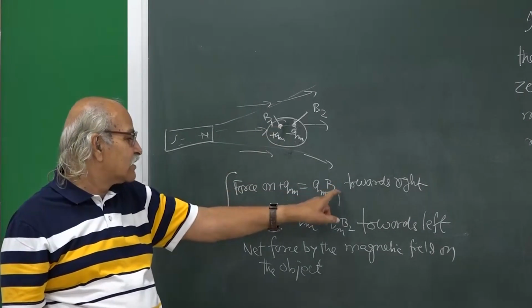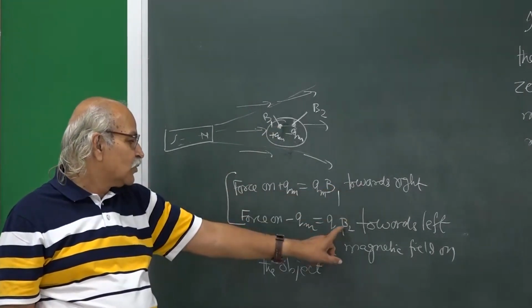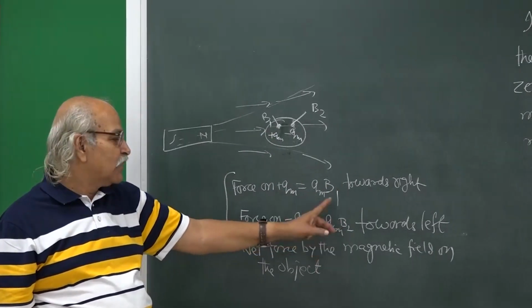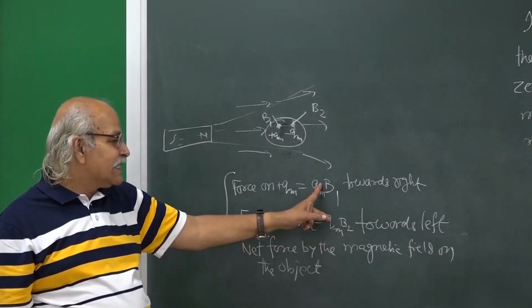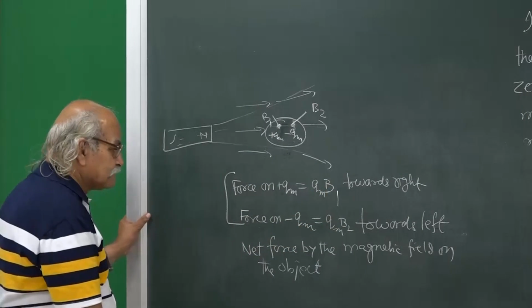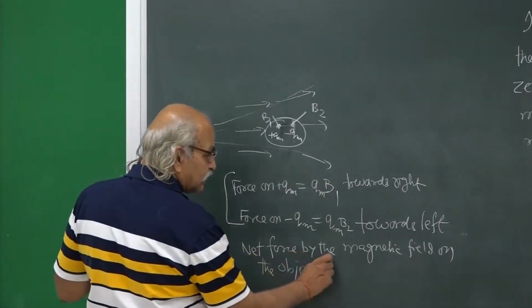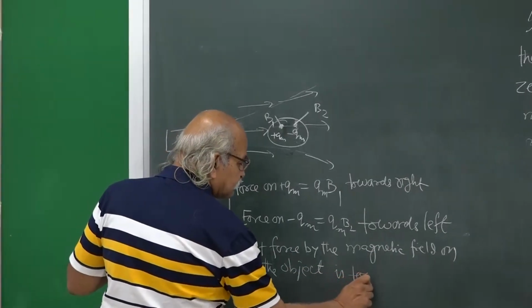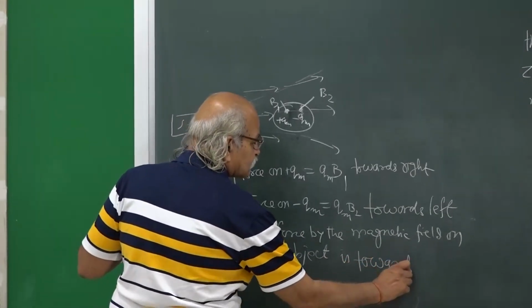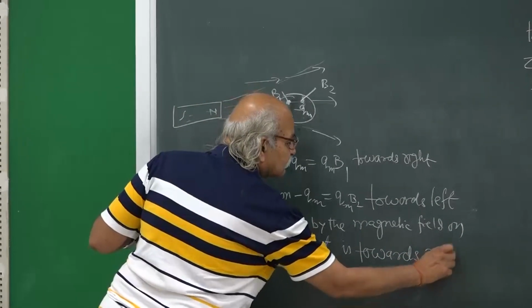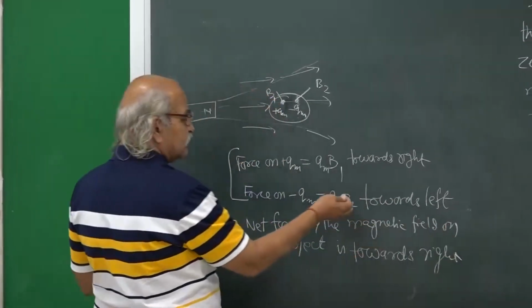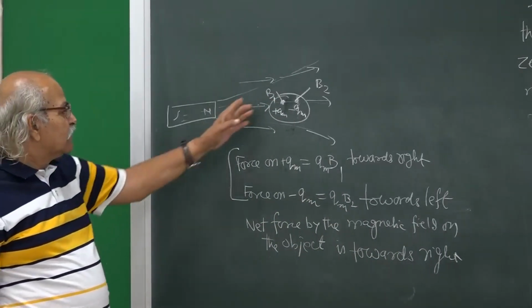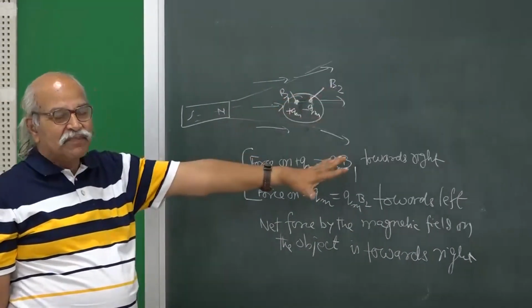So, this is larger towards right, and towards left this is smaller in magnitude, and therefore, when you combine you will get a net force towards right. Net force by the magnetic field on the object is towards right, with some magnitude that will be QMB1 minus QMB2.